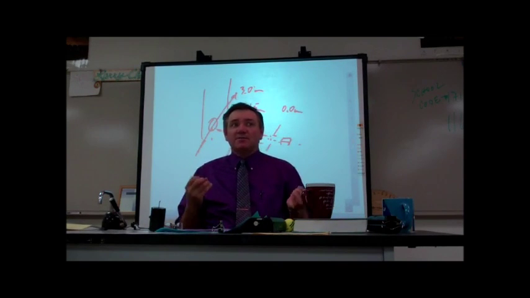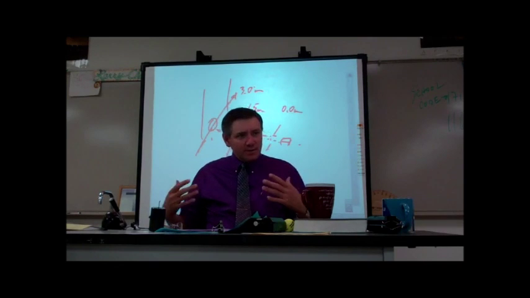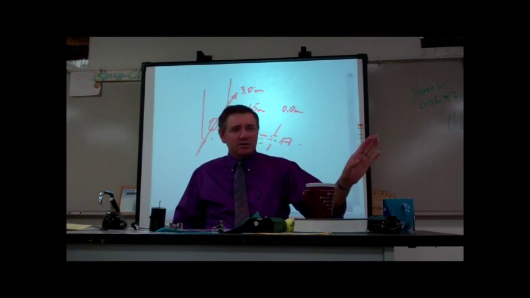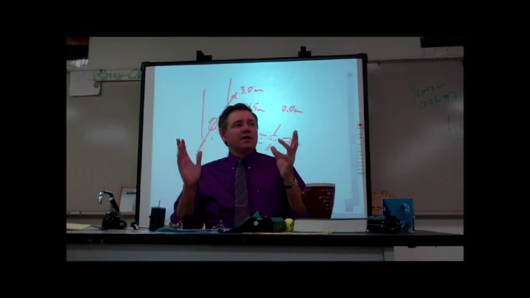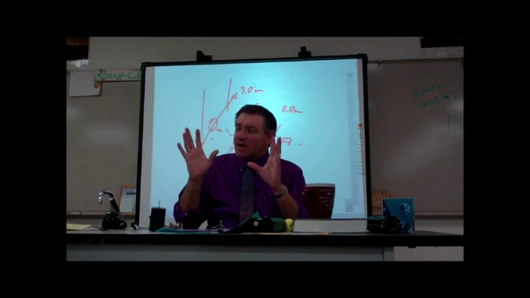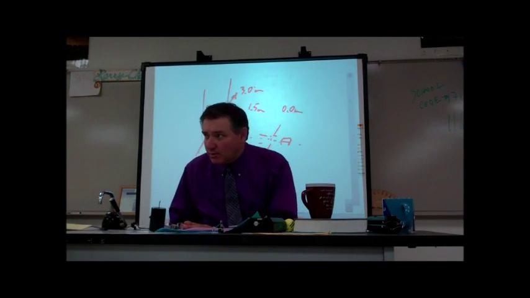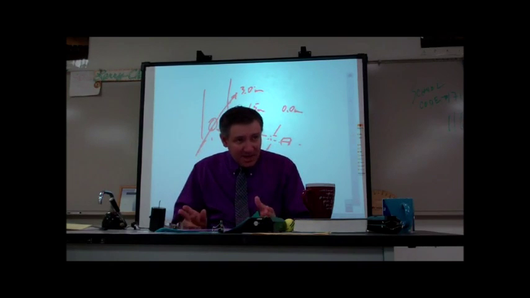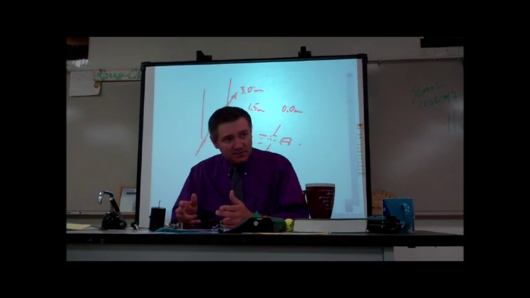In reality, and this is going to be important when you start to draw your velocity time graphs, that cart is going to be slowing down as it rolls. But to get an idea of how fast it's going, we're going to take that timed interval and that displacement and divide it by the time to get the velocity.